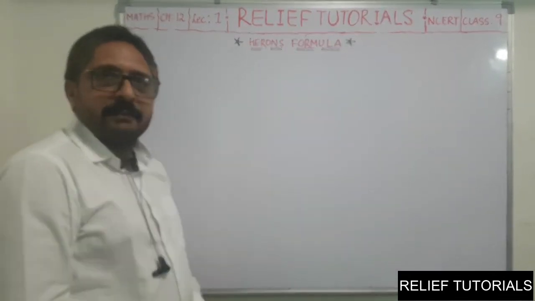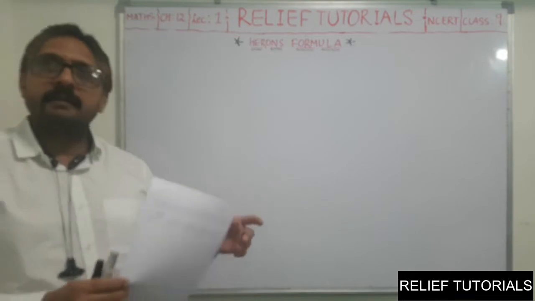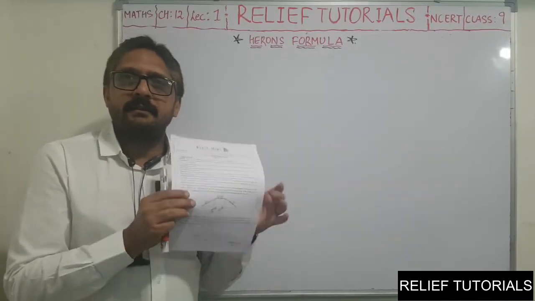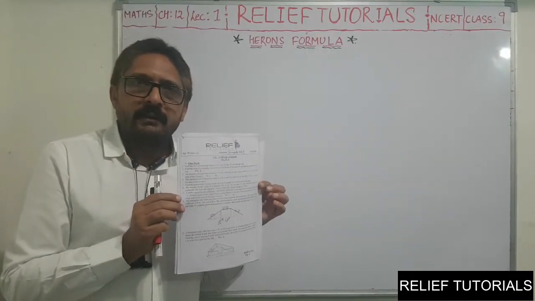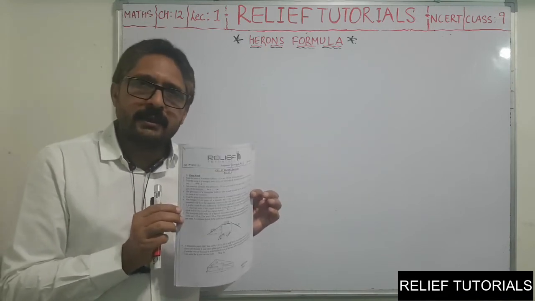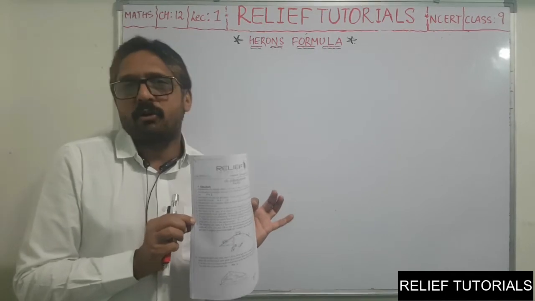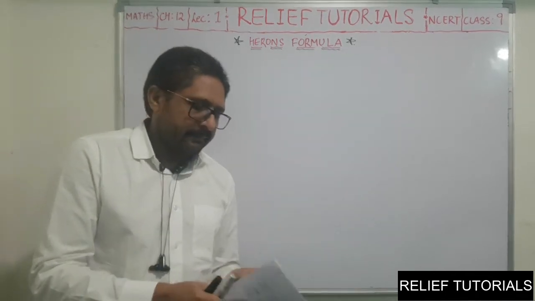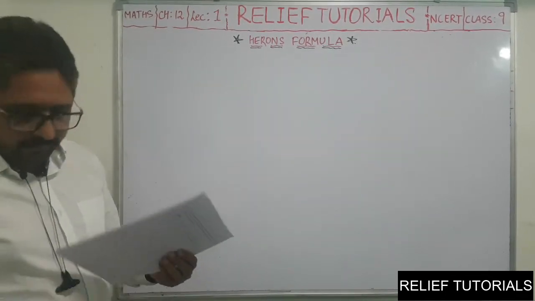See, I will give you one assignment. This will be our assignment. You will get the PDF copy. All the problems of R.D. Sharma are included here. So we will solve this assignment, so your complete R.D. will get solved. Okay? See, now I will discuss one problem.